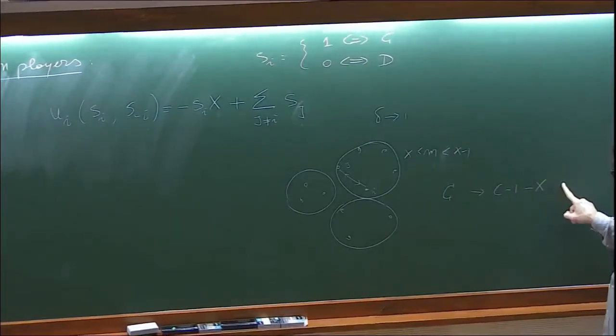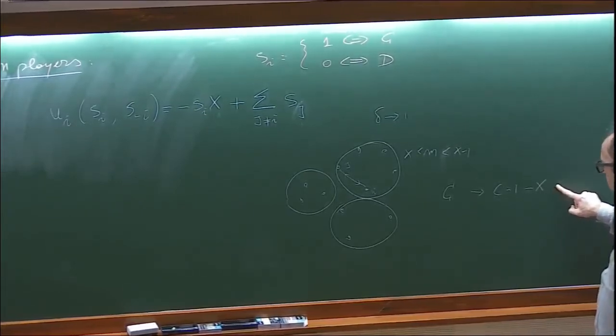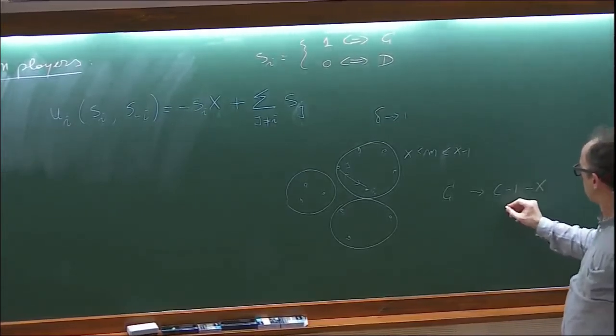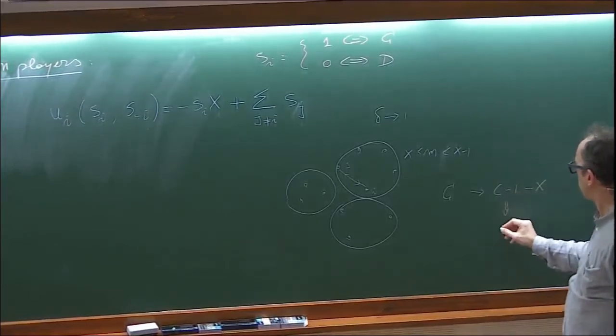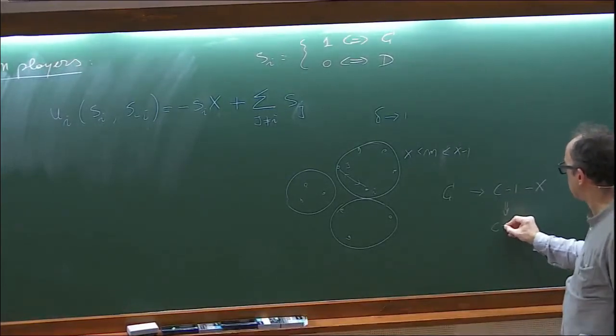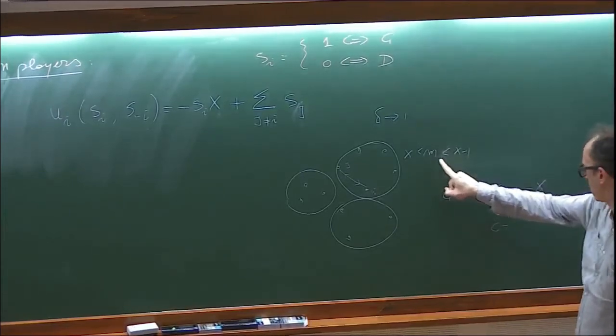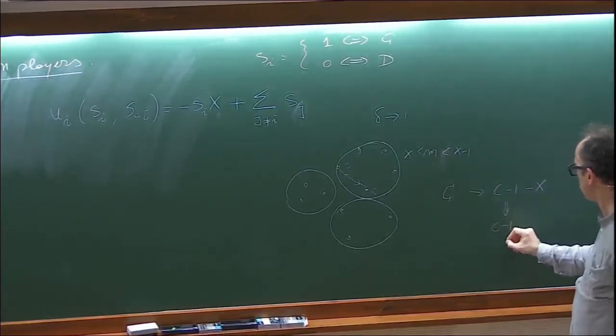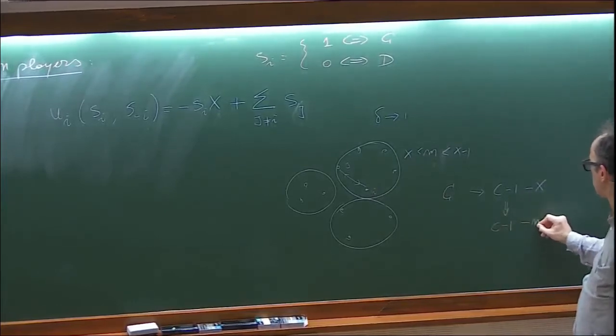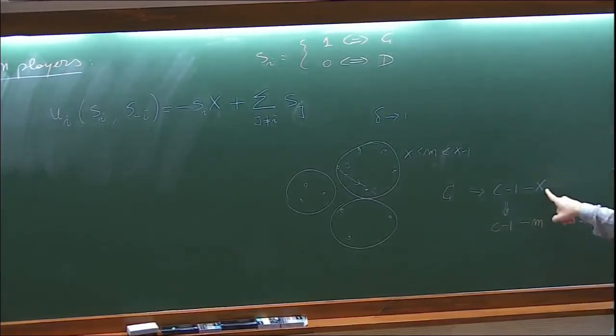If he continues cooperating, okay? Now, if instead he defects, the number of people who cooperate will decrease by M, because M is the number of people who punish him, okay? So we'll go to C minus 1 minus M. But because this M is larger than X, then this will not be convenient for him, okay?